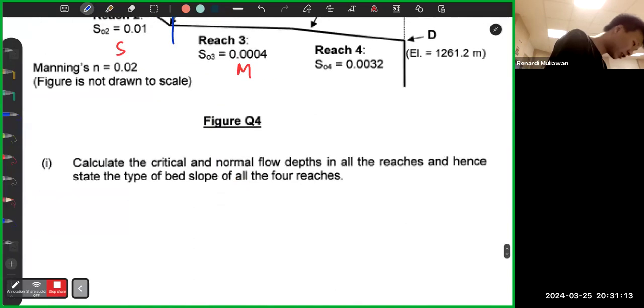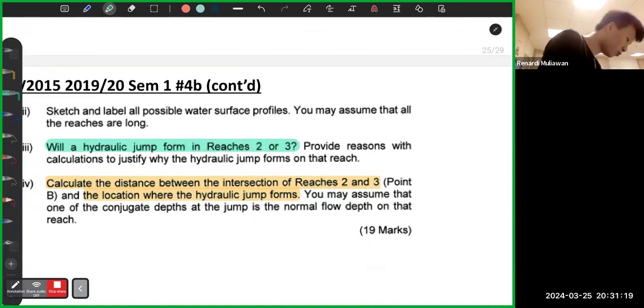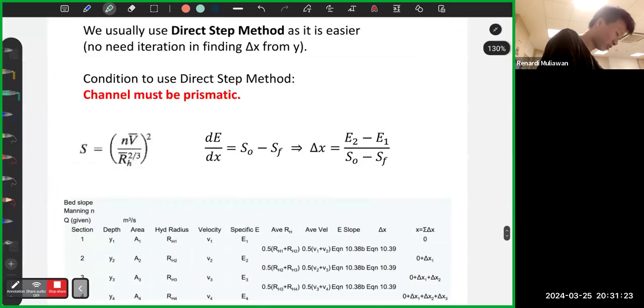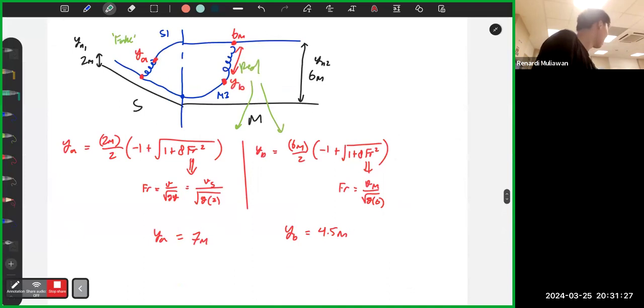So in the previous question, they asked which one is the real one: will a hydraulic jump form in reaches 2 or 3? That's the exact same question that I posed just now. You check the conjugate depth values and check which one makes sense with the drawing.